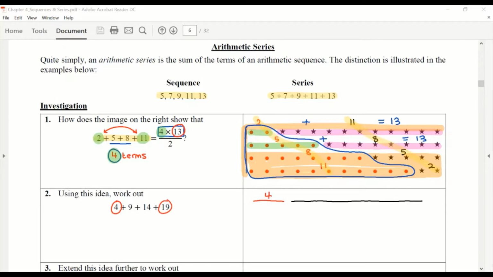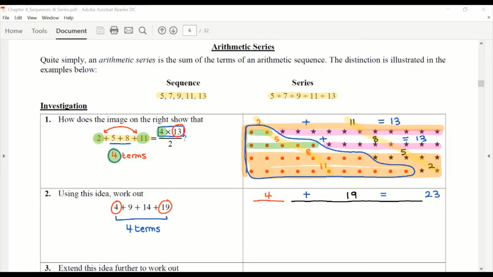And then I would need to have 19 black stars, which gives me a sum total of 23 shapes. So I would have 23 shapes in the first row. Now, to create the rectangle, I would also have to have 23 shapes in the second row. Now, I also know that I've got 4 terms again.